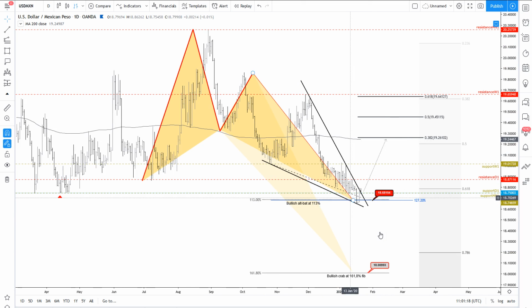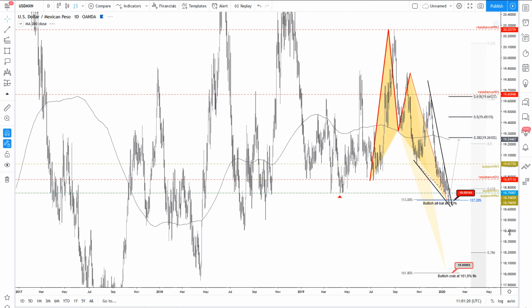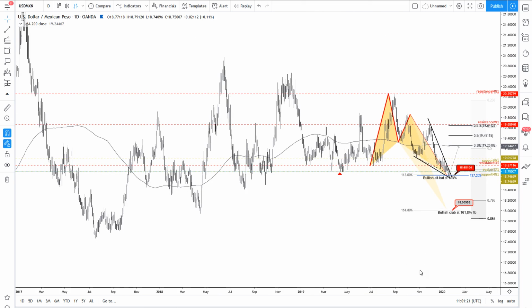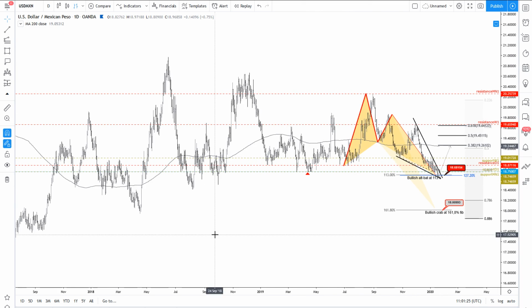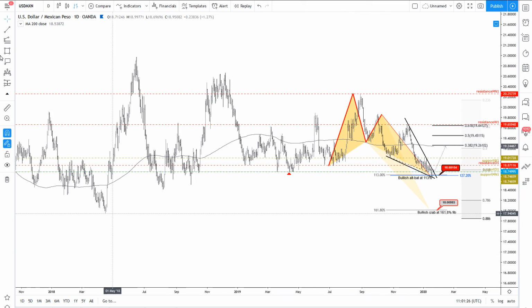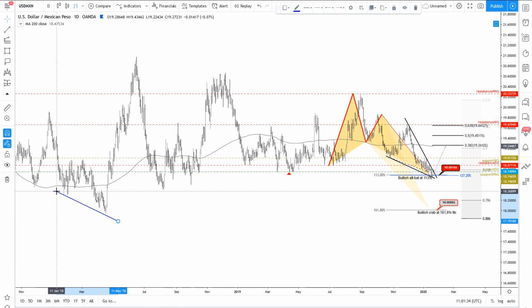And that being said, we have also this wedge, and if you go back on history, you can see a few similar behaviors printed before.